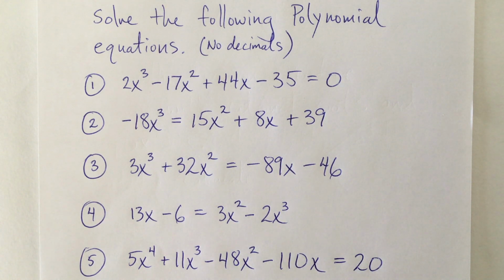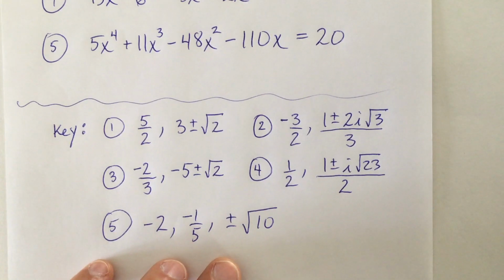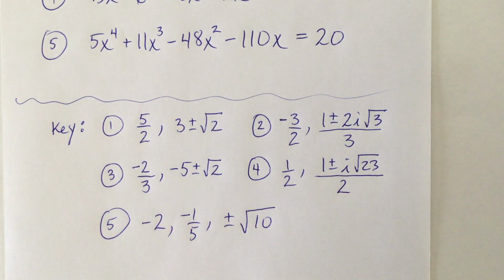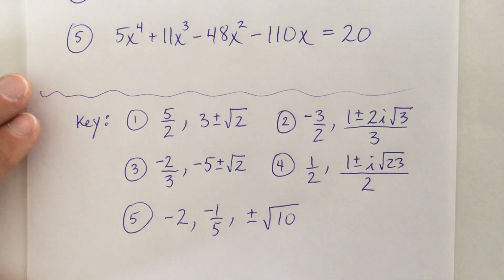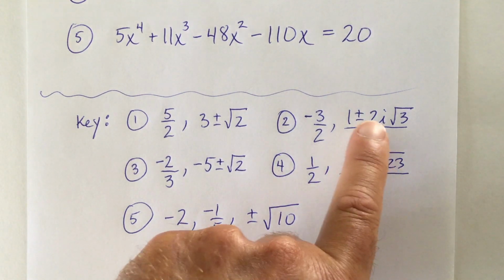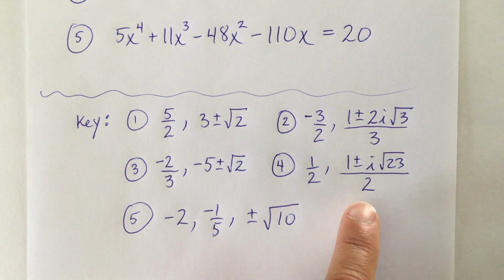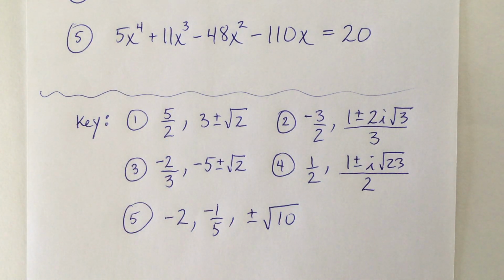Pause it, take a picture of it. Here comes the answer key. If you do these correctly, there's the answers you should get. And you'll notice I don't have any decimal answers there. Okay, and 2 of them will result in complex numbers. It can happen. And these ones don't. All right, good luck. See you on the other side.